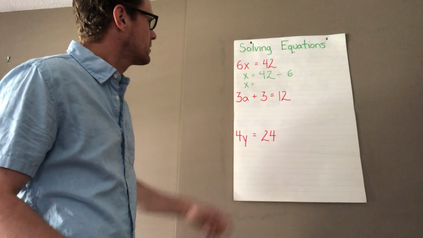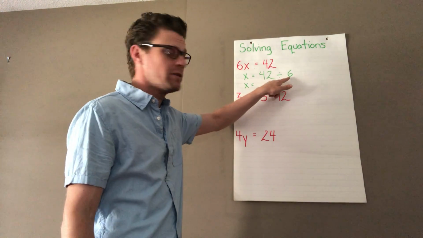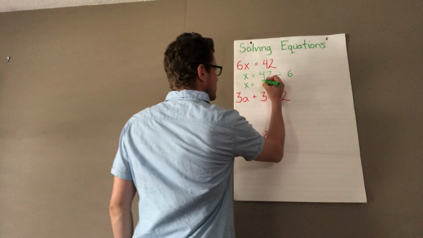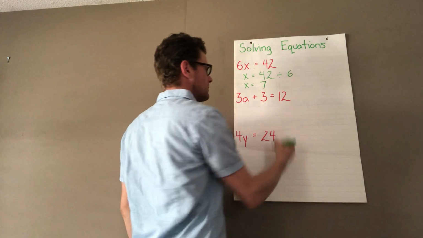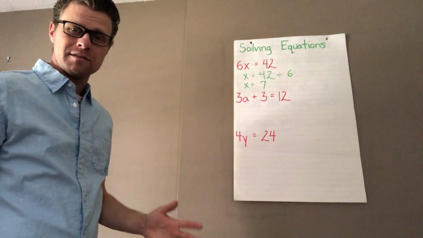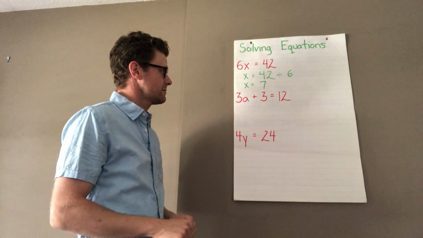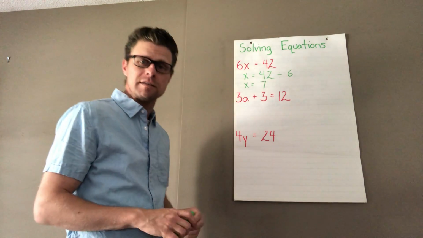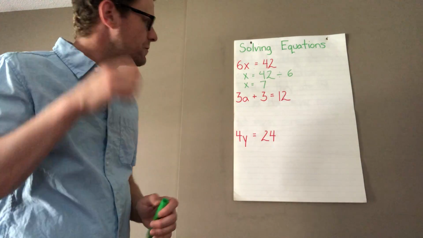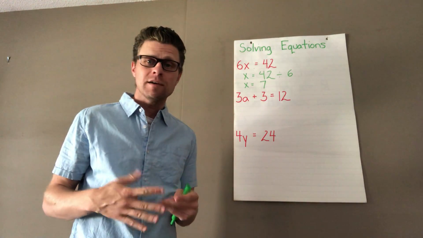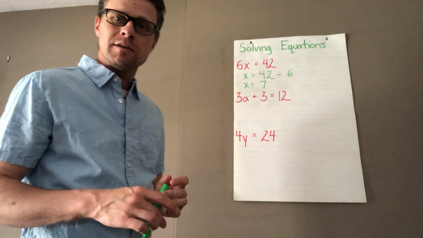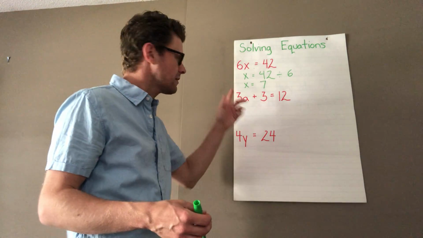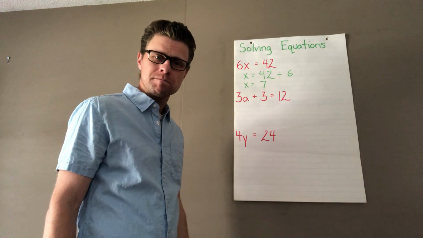Good. So 42 divided by 6, we now know is 7. So x equals 7. Questions? Excellent. If you have a question, email me, post it in Classroom, pause the video, rewind it, start it over, and watch it again, okay?